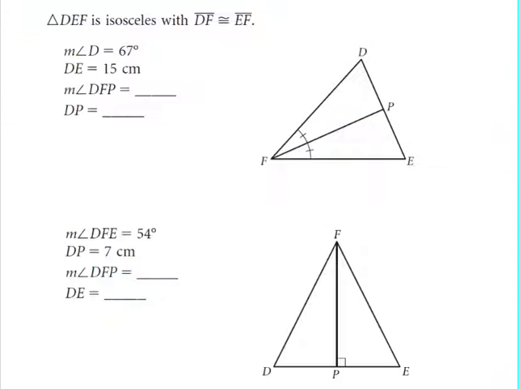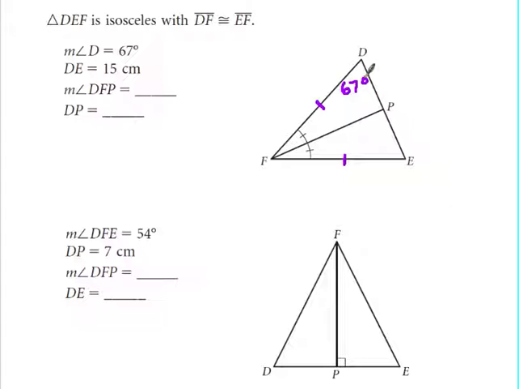All right, so the types of problems you're going to have are what we see up here. This one says triangle DEF is isosceles with DF congruent to EF. Okay, so I know that DF is the same as EF. They tell me that the measure of angle D is 67 degrees.